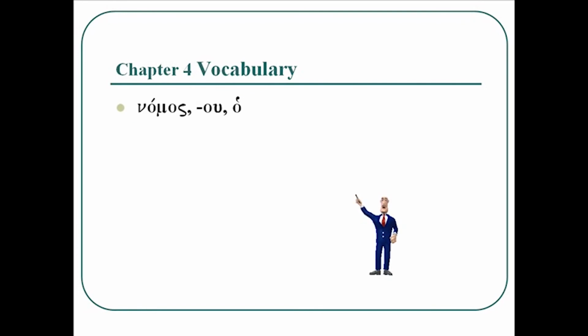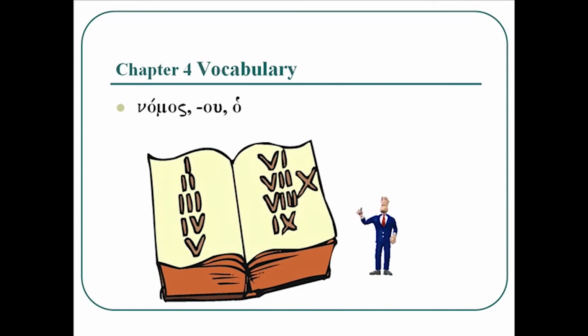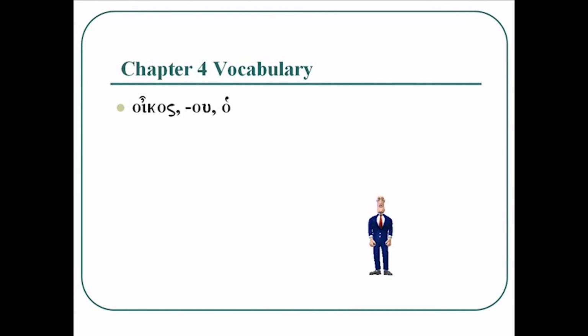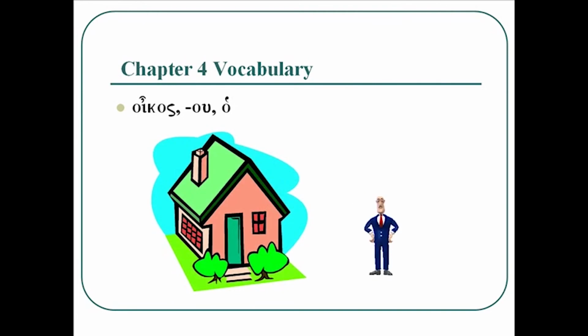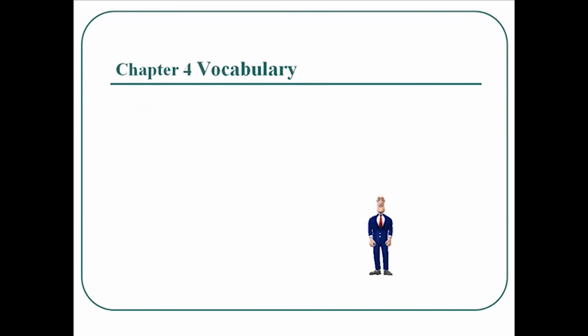The eighth word is nomos, and it means law. The ninth word is oikos, and it means house. And the tenth word is hos, and it's translated as who, which, or how.